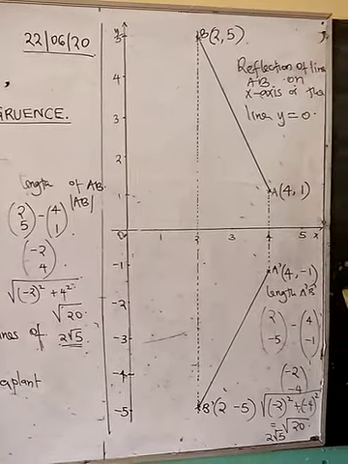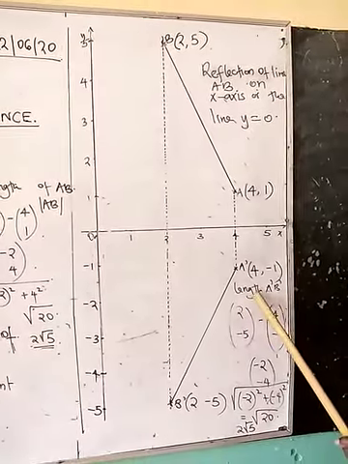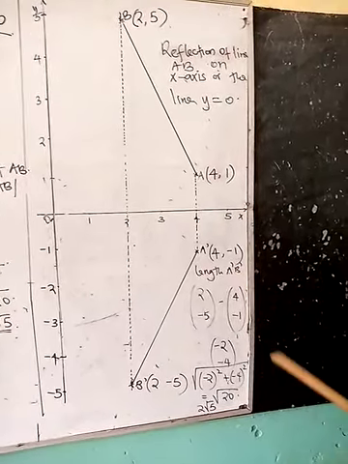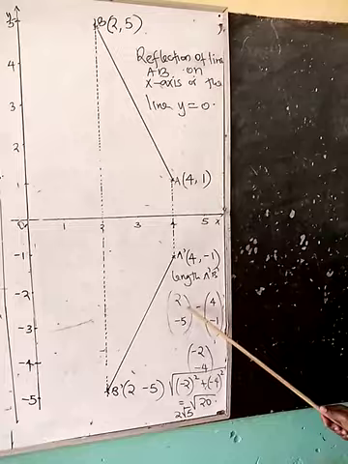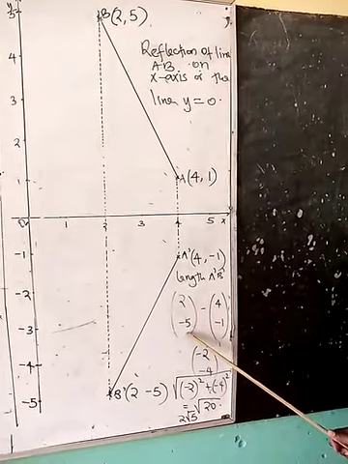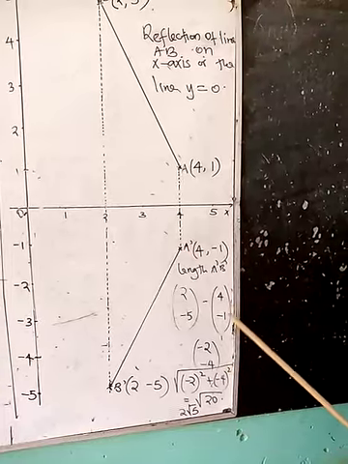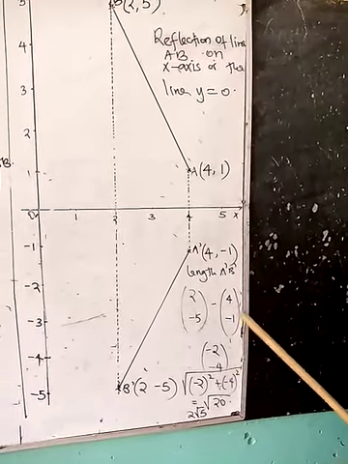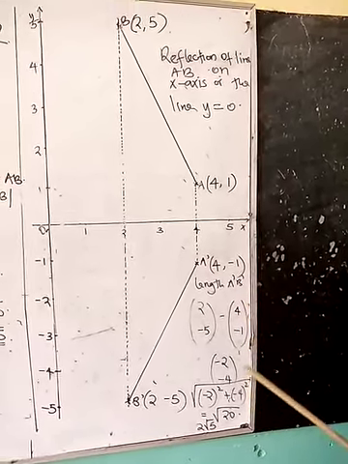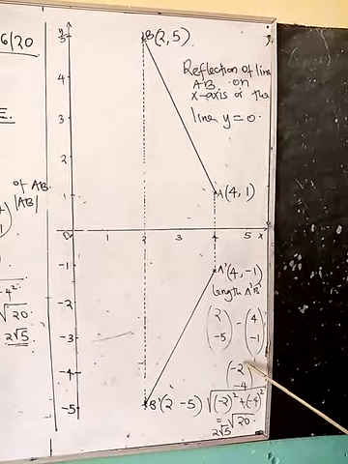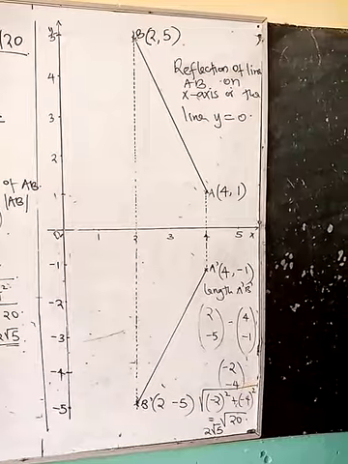When you look at the length of A prime B prime, we can confirm that (2, -5) was the coordinate of B prime, and (4, -1) was the coordinate of A prime. On subtracting, we will get (-2, -4).